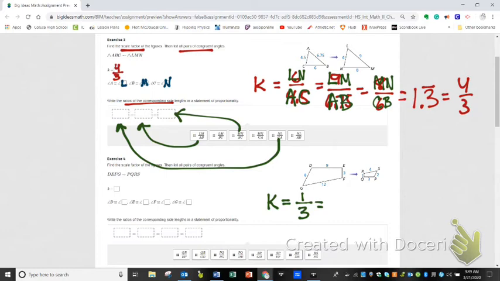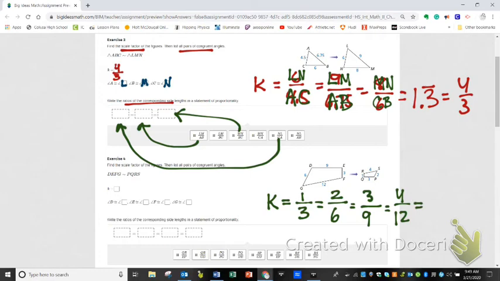Now we're going to go to the next biggest side. There's a side that's 2, that's the second biggest side, and in the larger quadrilateral, the second biggest side is 6. The third biggest side is 3, and that corresponds to the third biggest side, which is 9. And then the biggest side is 4, which corresponds to the biggest side, which is 12.